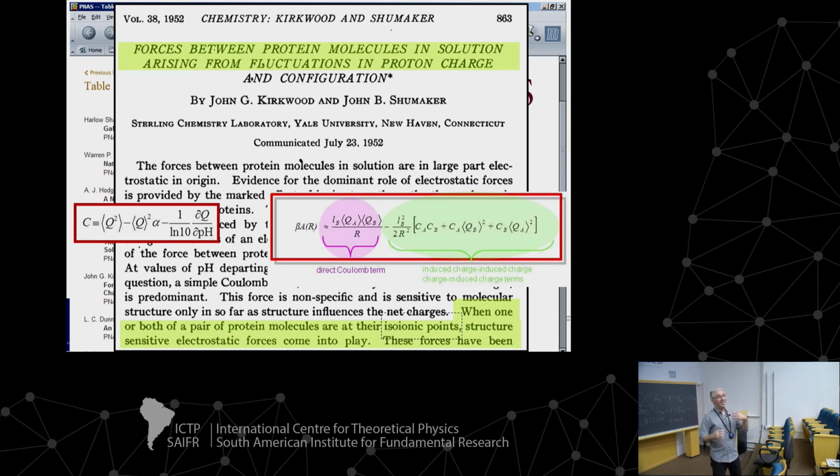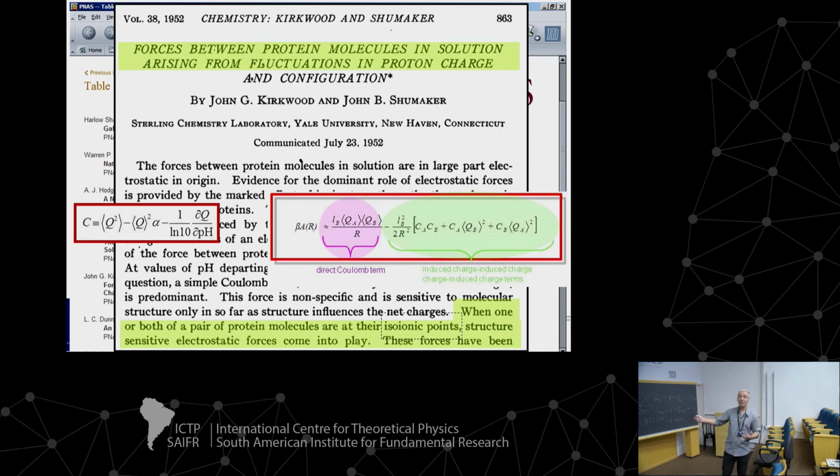So in this condition that I have 0 charge for my protein, but I'm interacting with something that has a charge, and I have in my protein titratable groups to have a reasonable number for my Cs, I know that I'm still left with an attraction.